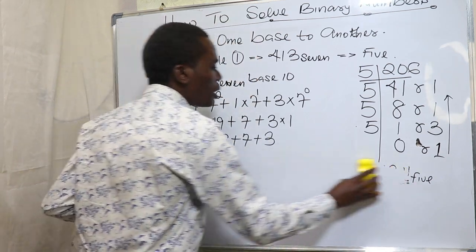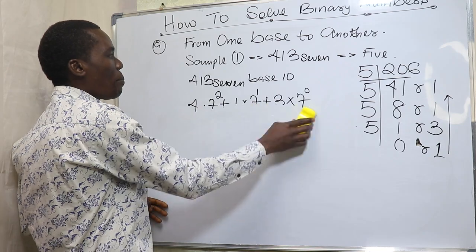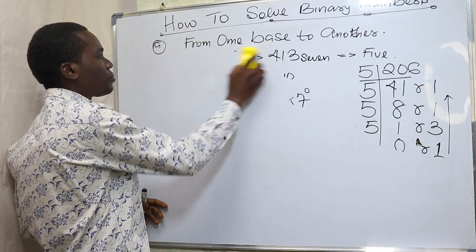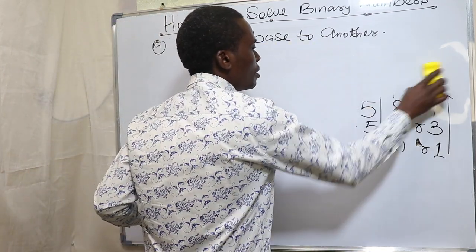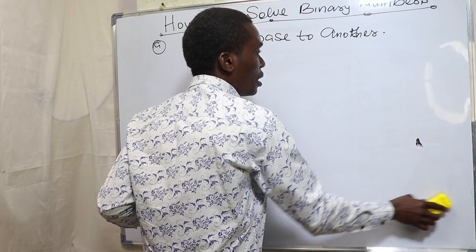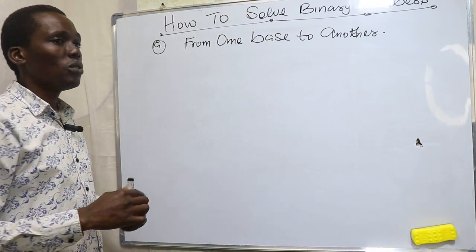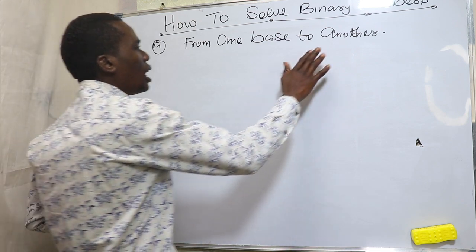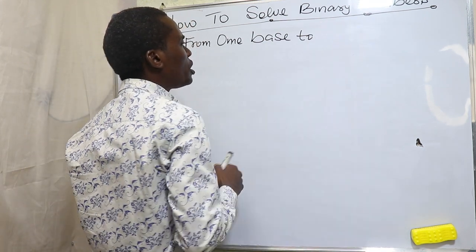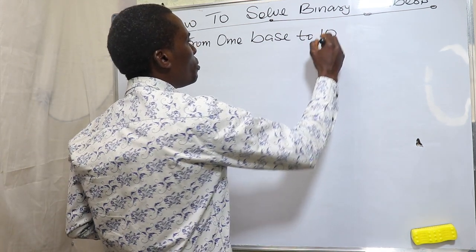We want to see how we convert from one base to base 10. When they give us a question and ask us to convert it to base 10, how do we change it? We want to change this one to base what? To base 10.